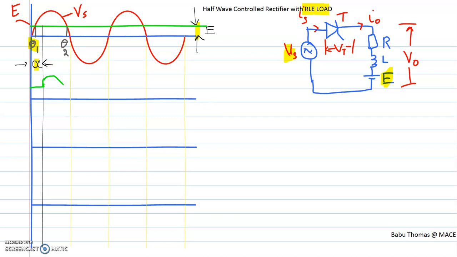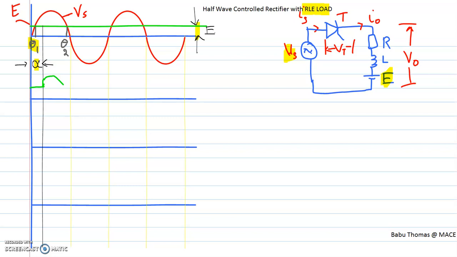Now the thyristor will get reverse biased at angle θ2. The thyristor will go to the off state only when the current also goes below the holding current.